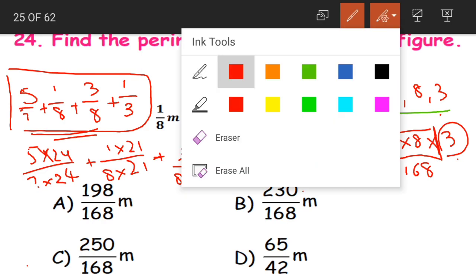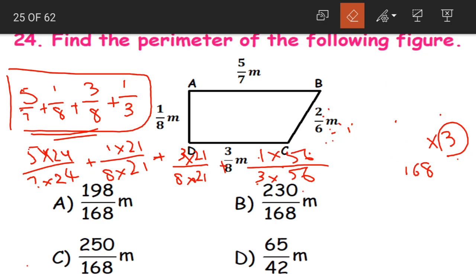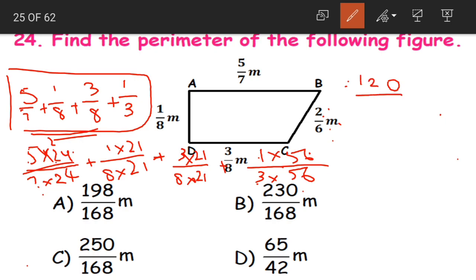Now after multiplication, what will be the answer? Let me erase it here and do it here, children. 5 into 24 becomes how much? 5 fours are 20, 5 twos are 10 plus 2, 12. So 120 divided by 7 into 24, which is nothing but 168.